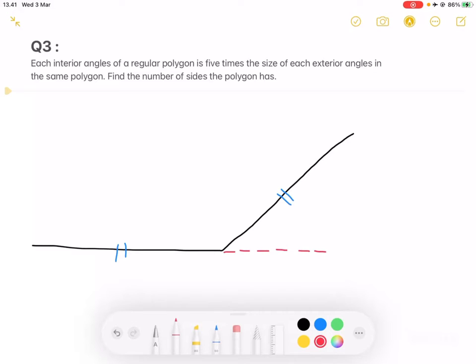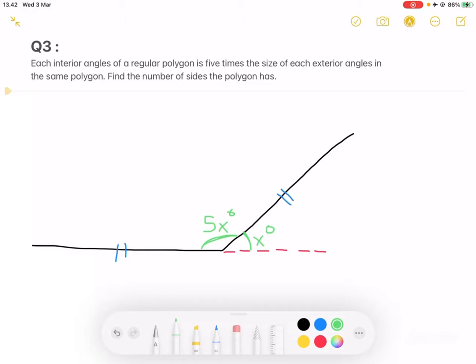It says each interior angle of a regular polygon is 5 times. What I mean by 5 times is that we can just introduce a variable. So I'm just calling this angle 5x degrees, and x could be anything as long as it is positive, since we don't want to deal with negative angles yet, and therefore this angle must be x degrees.